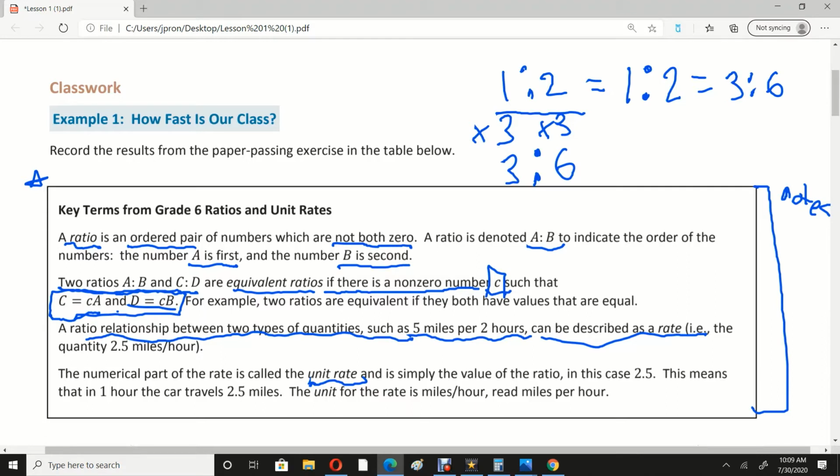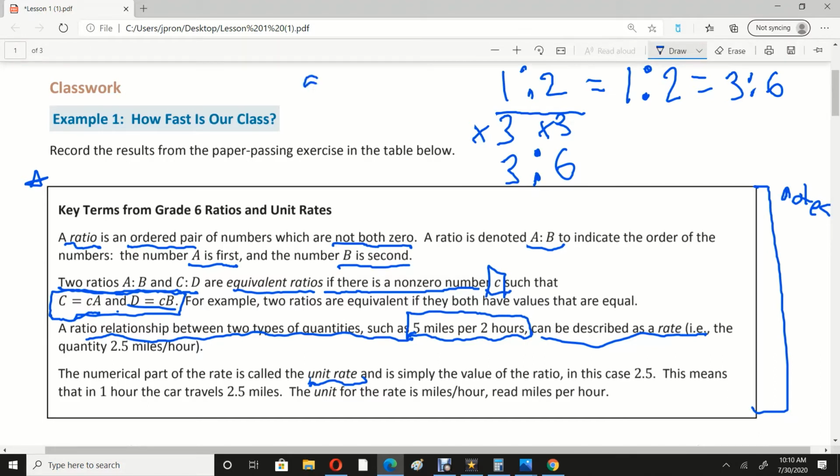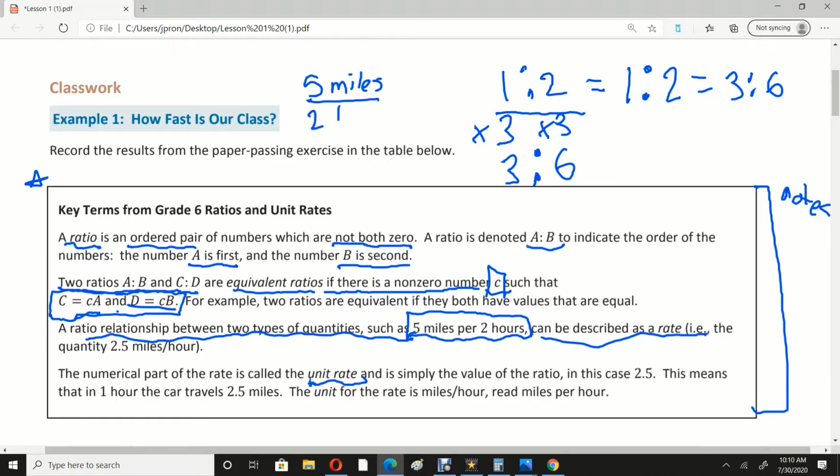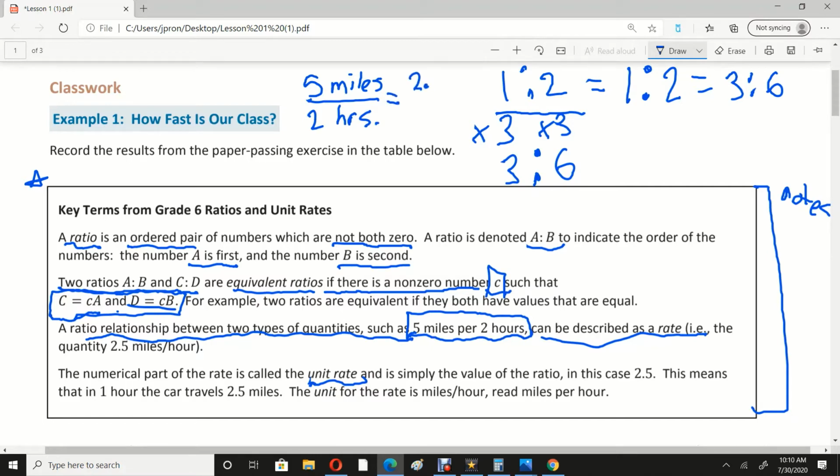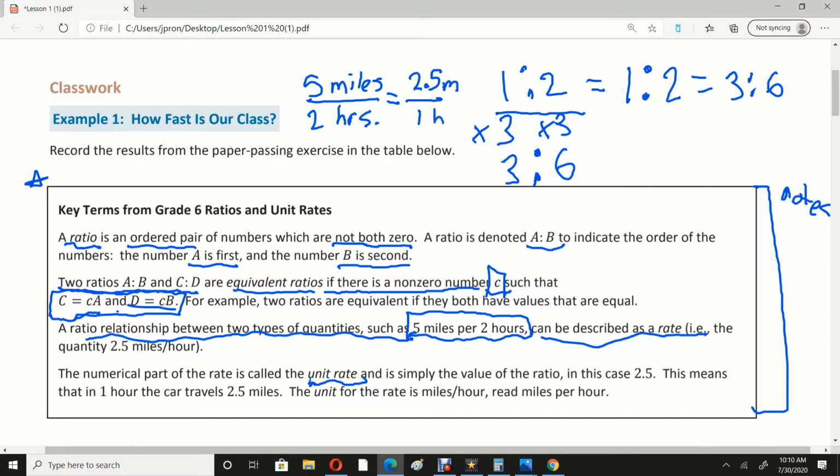Okay, so those are just the single unit rate, right? So in this example, they said 5 miles per 2 hours. So if I traveled 5 miles in 2 hours, that would be the same as saying I traveled 2.5 miles in 1 hour.